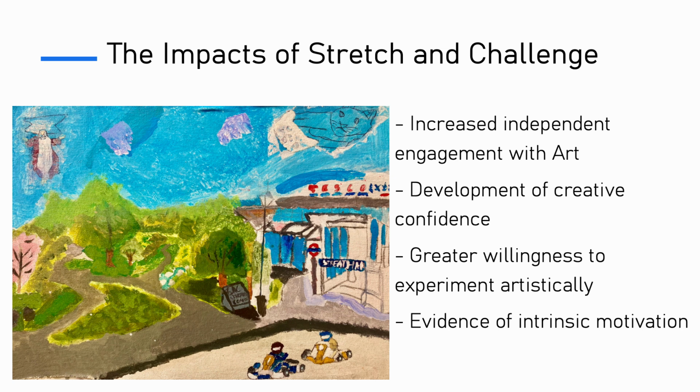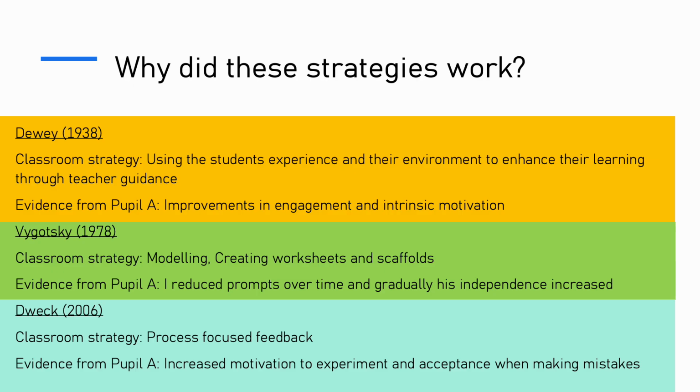Evidence of intrinsic motivation. As mentioned previously, Student A has been coming in at break times and asking for specific advice in regards to painting. He has also become more engaged with techniques and how to achieve certain effects with paint independently. Why did these strategies work? Dewey's strategy for students' experience and environment to enhance their learning through teacher guidance saw improvements in Student A's intrinsic motivation and engagement.